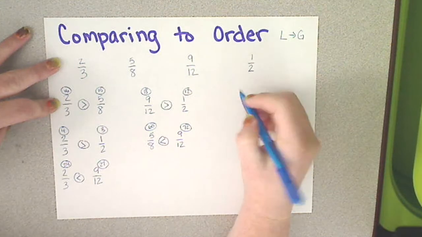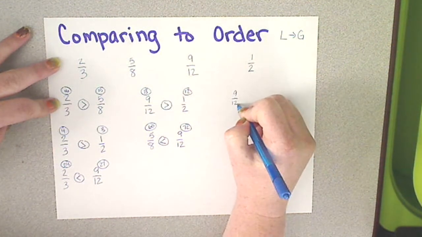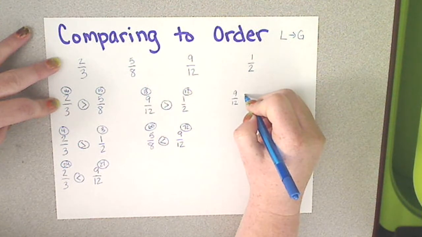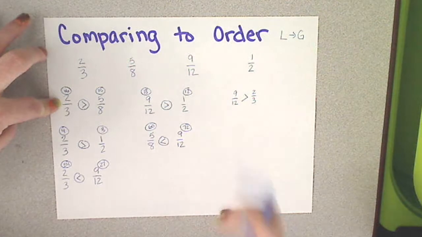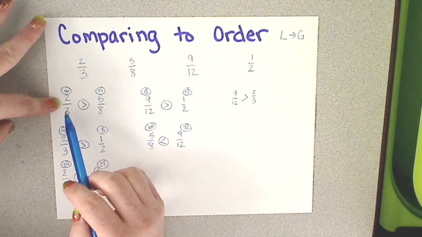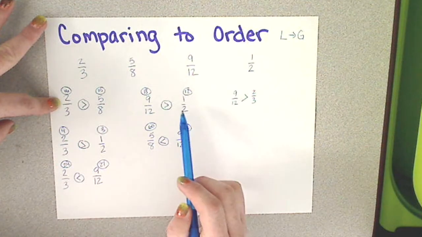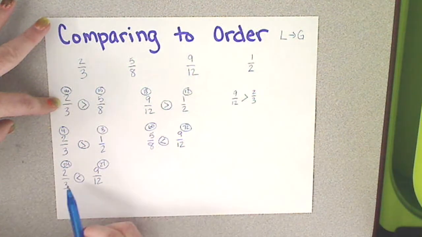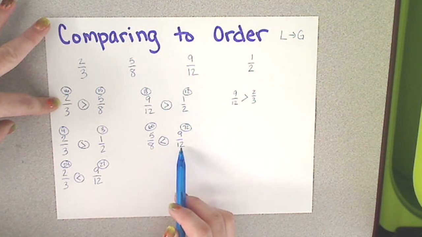Okay, so let's start trying to do this out. So I know that 9/12 is greater than 2/3. Okay, so there's one piece. Now I'm going to look at 5/8 and 9/12, which we did here, and we said that 9/12 was greater.